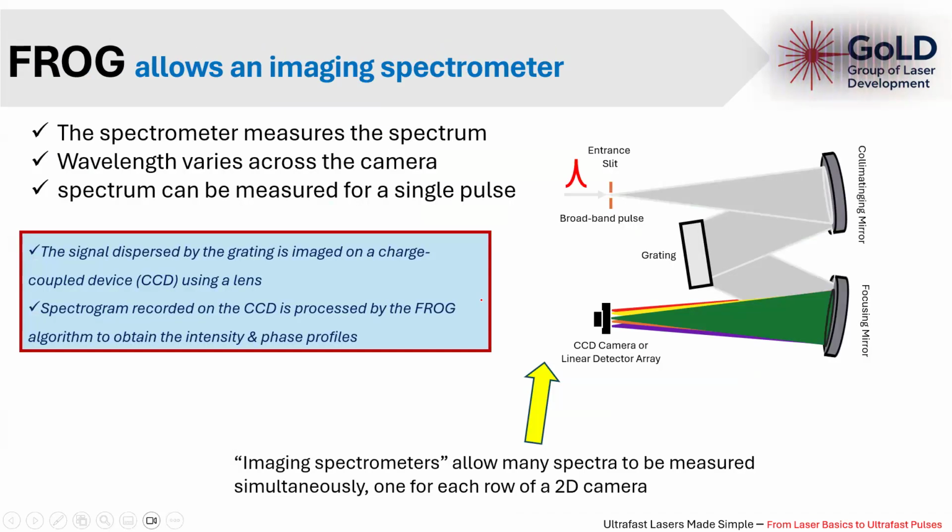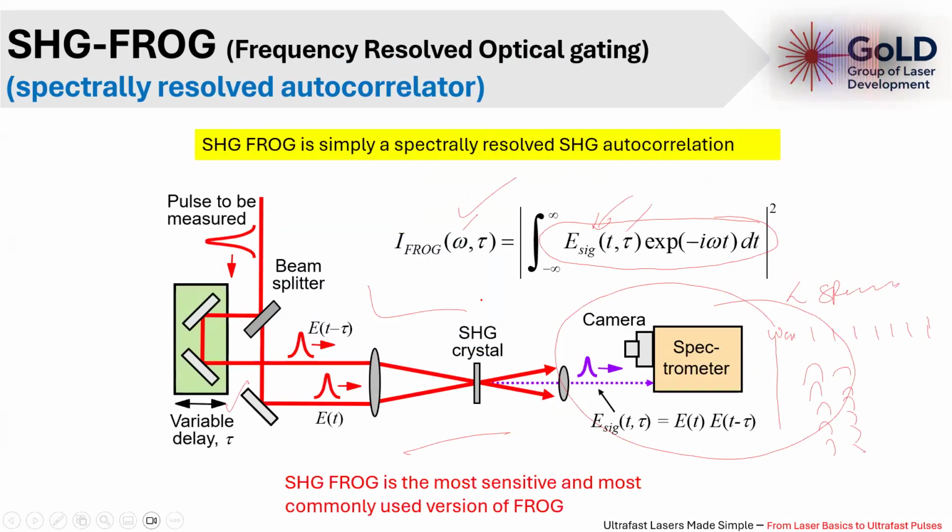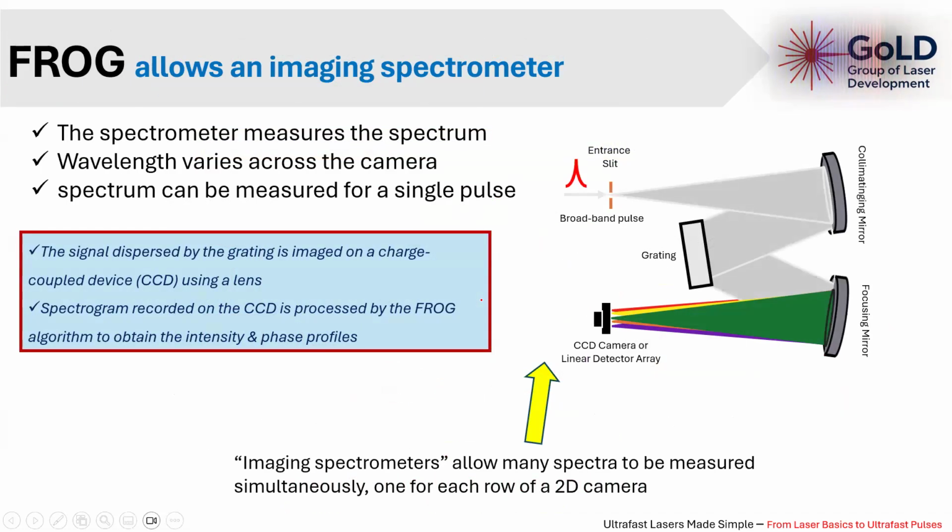What I skipped here is that in the case of FROG, we always need the spectrometer. So what exactly is a spectrometer? A spectrometer takes the light pulse and we use the grating to disperse it and then the detector to detect it. Okay, like here, the pulse is entering a very small slit.